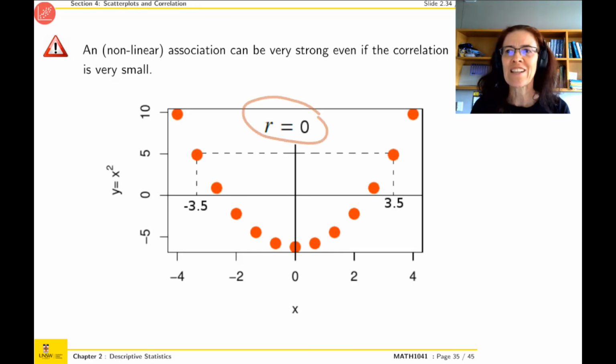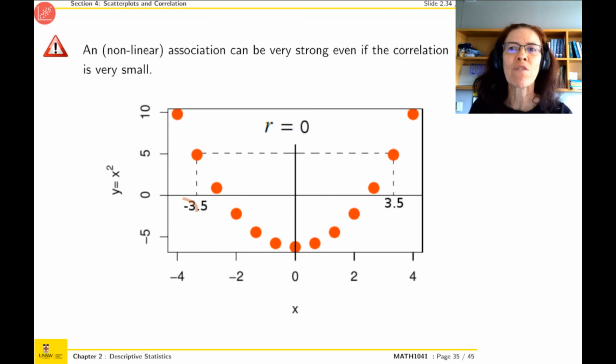You can get R exactly equal to 0 because of the compensation. That's why you needed to see the formula. See this dot, for example, has an X value of 3.5 and some Y value. The corresponding dot will be the same as this one, except it will have the same Y value but the X values are opposite.